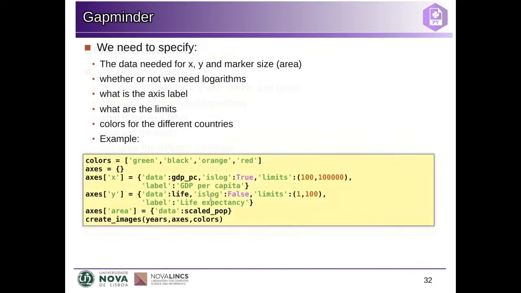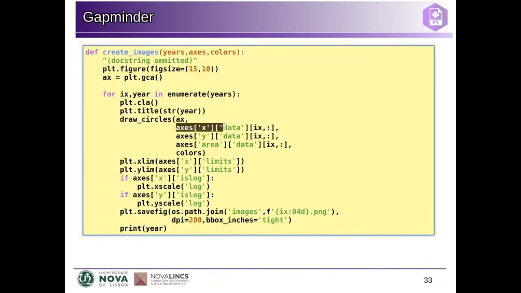So we put in this matrix for the x-axis, and we give the row of index IX, so the row corresponding to the year, and all the columns there. The same thing for the y value, but we get that from the data on the y entry. And for the areas, we do the same thing with the data for the area entry. So this dictionary is specifying what to use on the x, y, and the size of the marker for our different indicators.